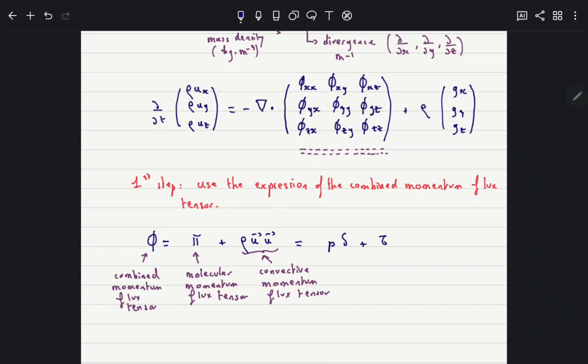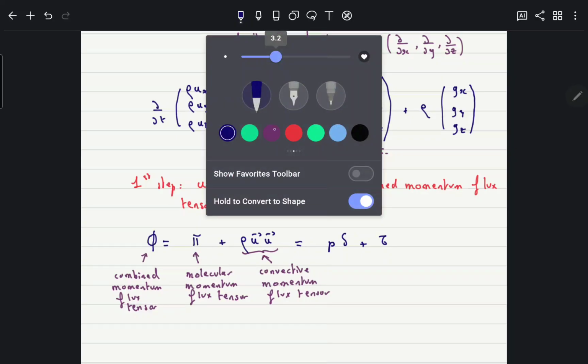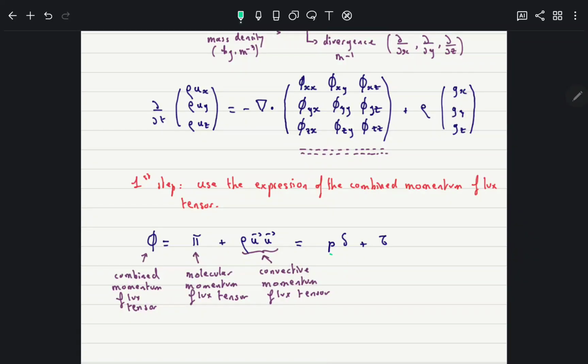So tau, that's also a tensor that represents the viscous forces. So let's again define each term. So this one represents thermodynamic pressure forces, and this guy here represents the viscous forces.